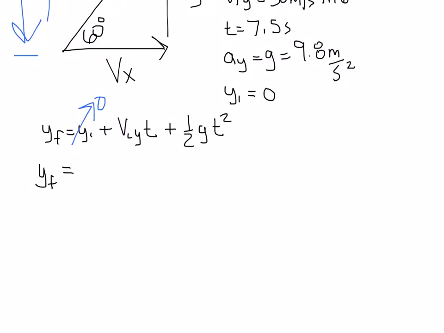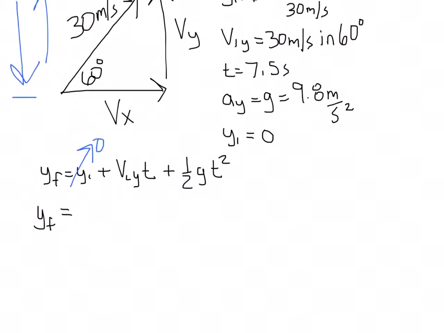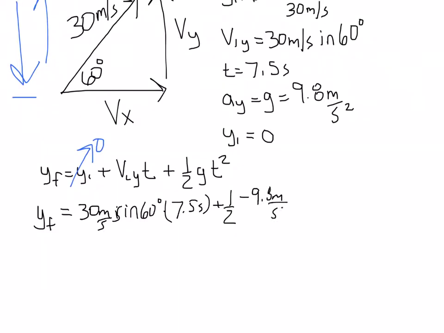The initial velocity in the y direction is right here, which is 30 meters per second sine of 60 degrees times 7.5 seconds plus 1/2 g, which is minus 9.8 meters per second squared times 7.5 seconds squared.